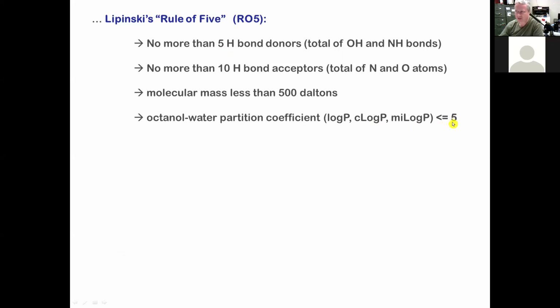That's another rule. And the rule states that one violation is allowed. So you can violate one of these rules and still be okay and then Lipinski compliant.